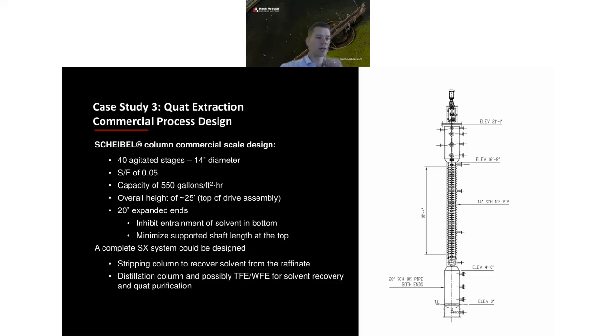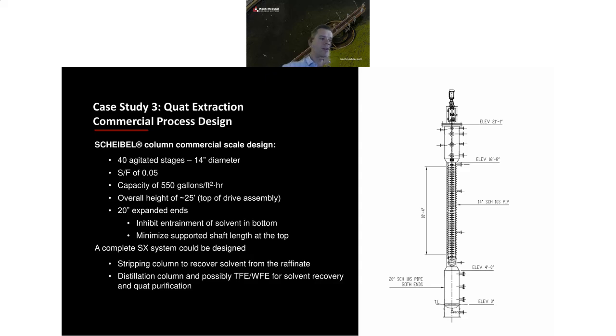The overall height of this column from the bottom tangent line to the top of the drive assembly, which essentially is the motor on the top, is about 25 feet. We also put 20-inch expanded ends on either end of the column, one for mechanical reasons to reduce the shaft length at the top, and also to minimize any potential entrainment of solvent in the bottom, because the continuous phase velocity here is pretty high because you have a low solvent to feed ratio.